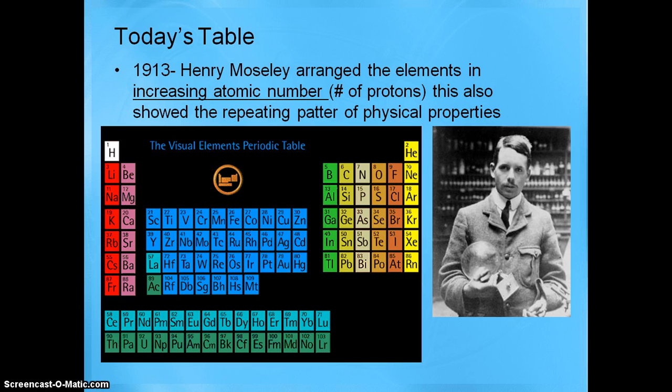It increases 1, 2, 3, 4, as we go through the rows. And the trends is what we're going to talk about too. So this made complete sense. Unfortunately, Moseley died very young, at age 26, in one of the world wars. And now scientists from Britain are never allowed to go to battle, since they like their scientists to be alive.